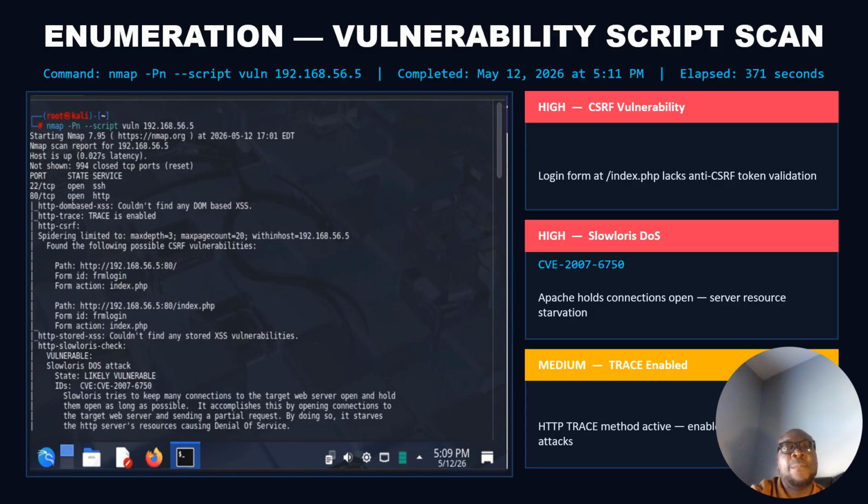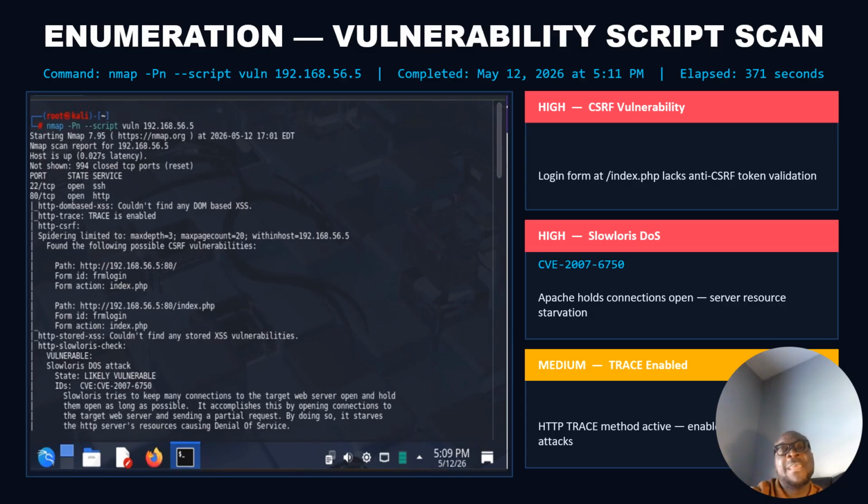The scan found a possible cross-site request forgery vulnerability on the login form at index.php. The form does not include or validate any anti-cross-site request forgery tokens. It found that the HTTP TRACE method is enabled, which can be exploited in cross-site tracing attacks.